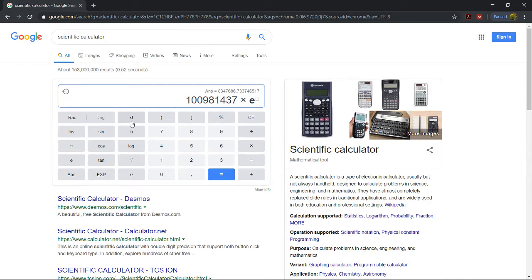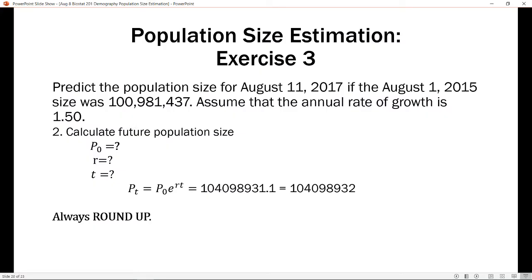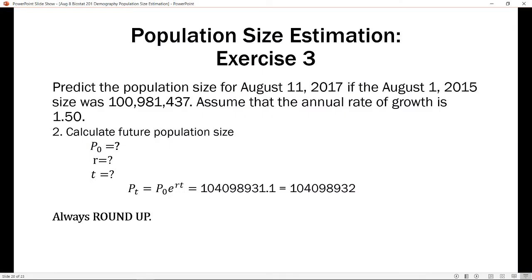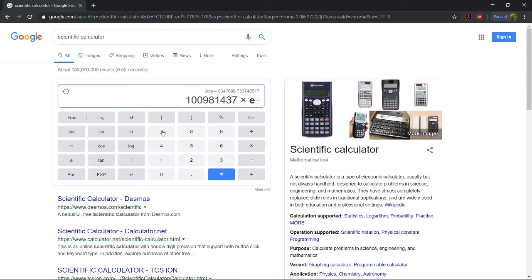You see that the previous mistake that I did is that I multiplied e to r and t. But what you should do instead is e and then multiply it by r, which is your annual rate of growth. Okay.